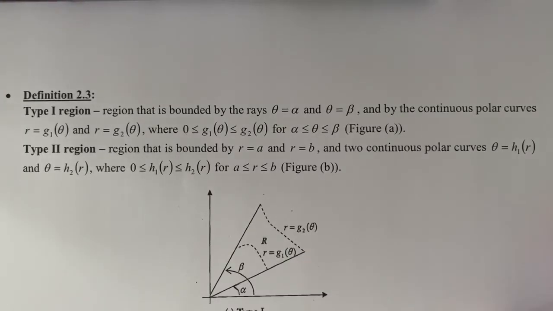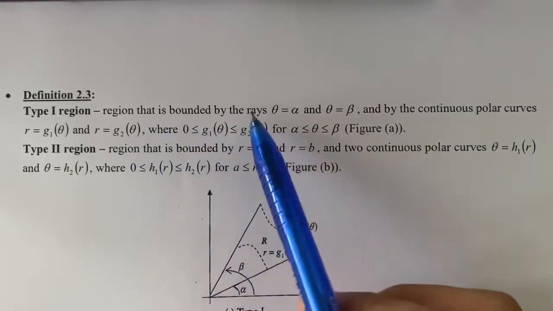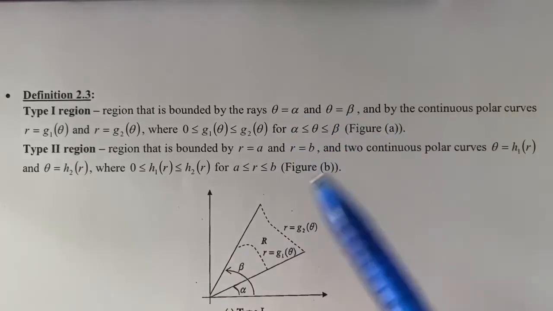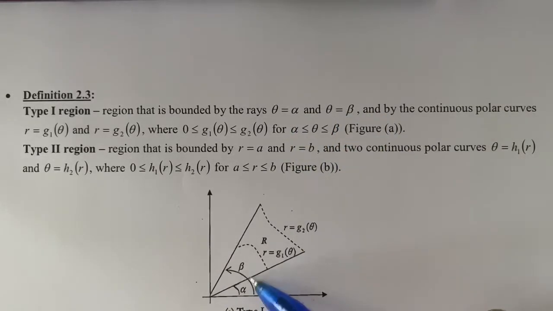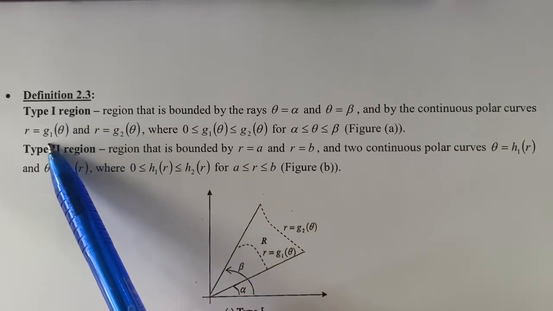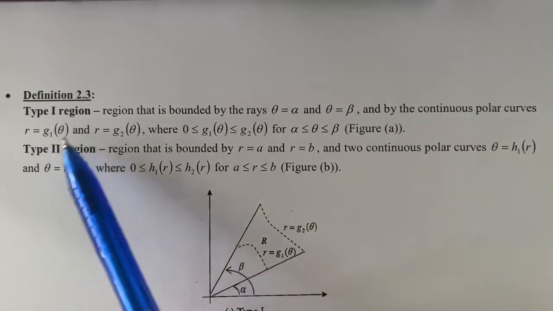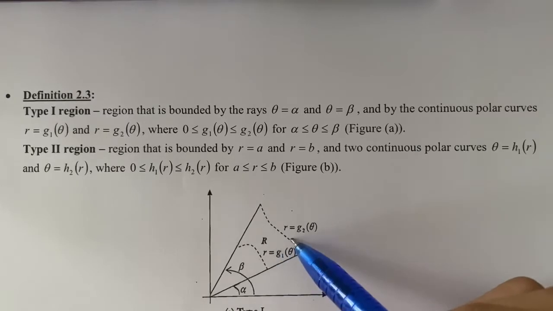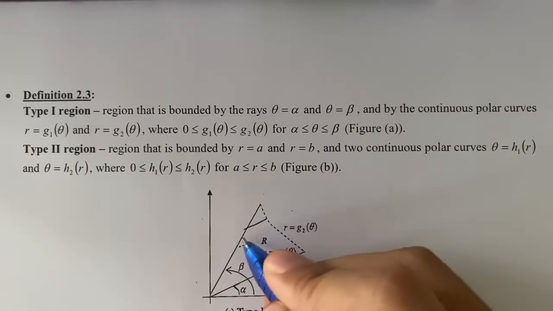For definition 2.3, type 1 region, we have a region that is bounded by the rays theta equal to alpha and theta equal to beta, and by continuous polar curves, where the lower limit for r is r equal to g1(theta) and the upper limit is r equal to g2(theta). And this is the region for type 1.